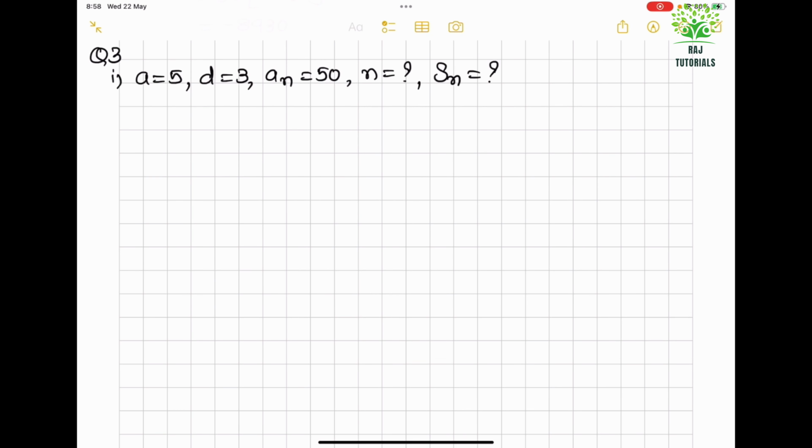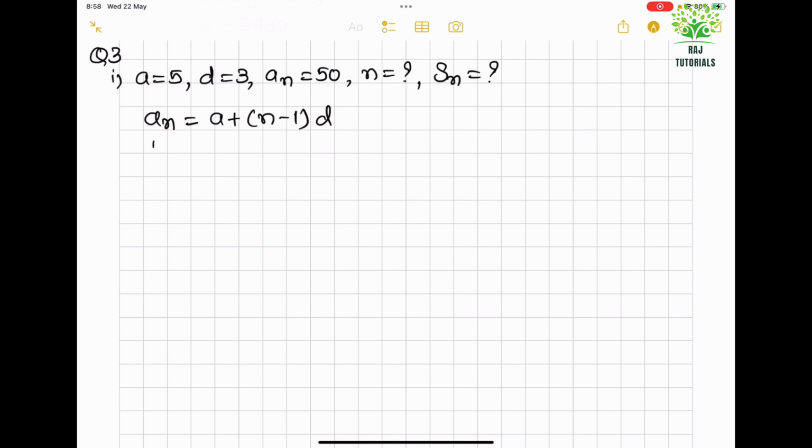Now question 3 says given a equal to 5, d equal to 3, an equal to 50, find n and Sn. So to do that, again first I need to find n. So an equal to a plus n minus 1 d.